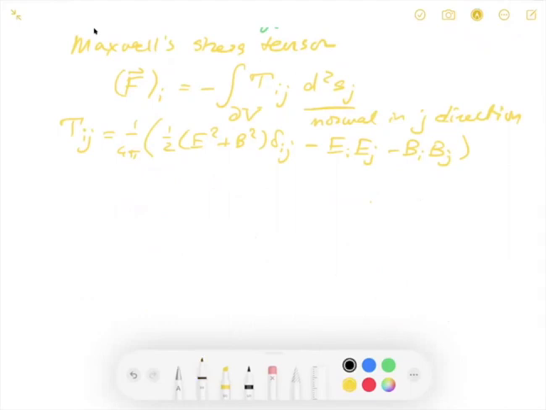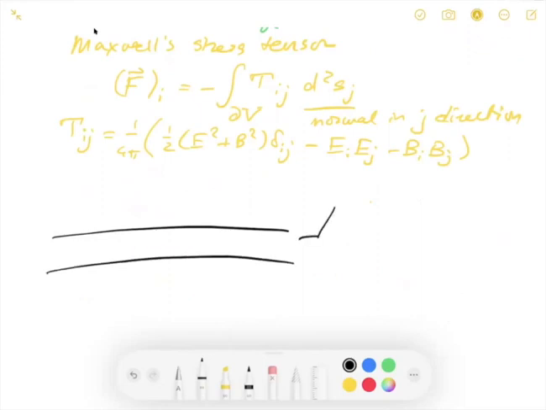Let's say a very straightforward situation. Let's say we have a current carrying wire, with cross-section A, and it carries a uniform current density.